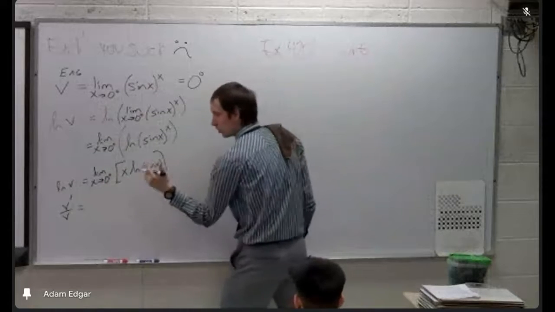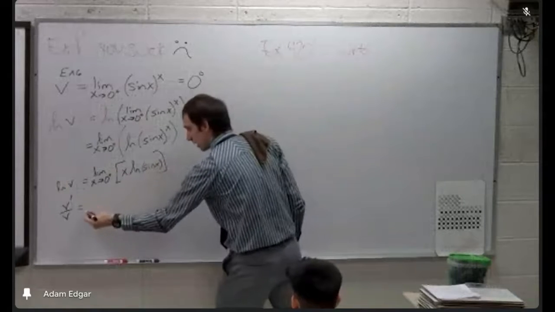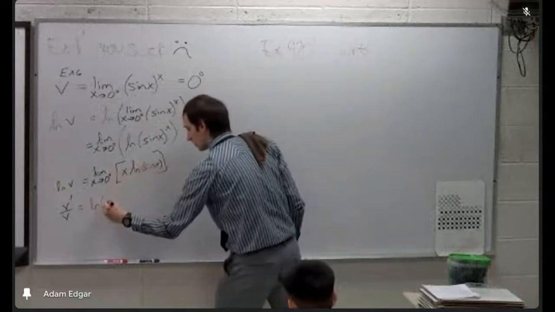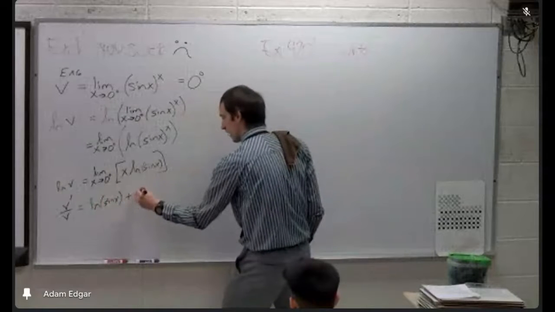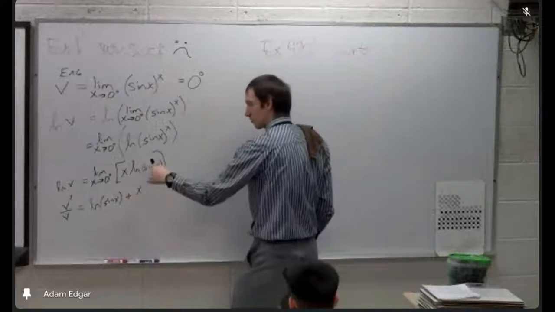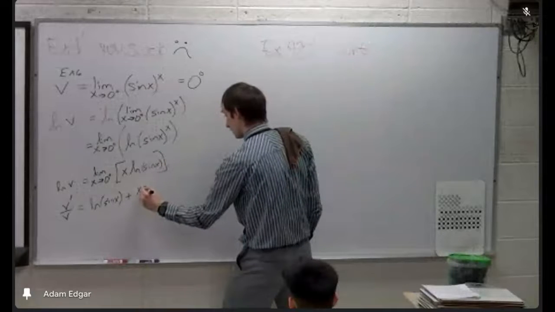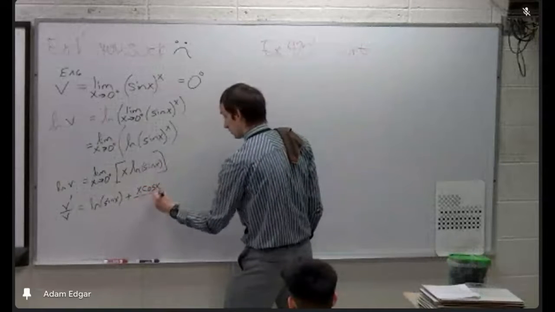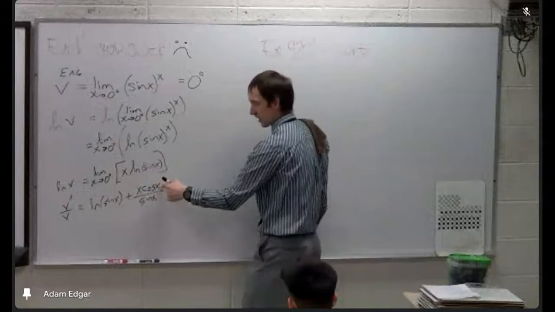So, product rule: derivative of the first guy is 1 times the second guy, natural log of sine x. Plus the original first guy, x, times the derivative of the natural log of sine x, which is cosine over sine x, because it's the derivative of the inside over the inside.